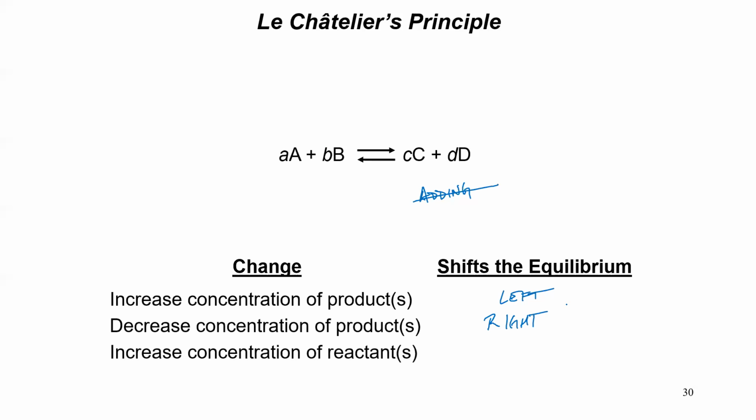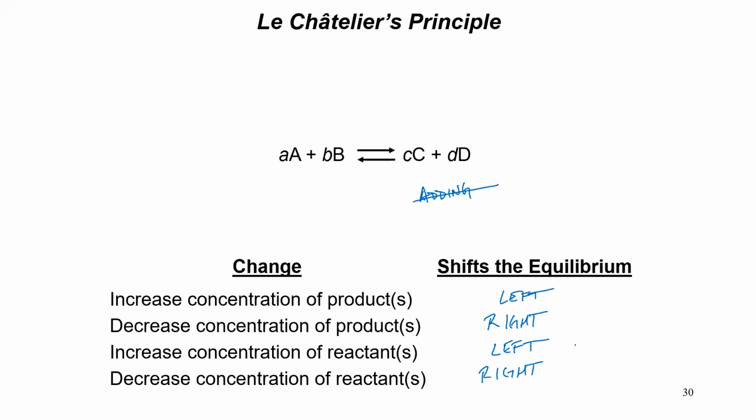For our reactant side of things, if we're increasing the concentration of one of our reactants, we're pushing that handlebar forward, we're going to shift from reactants to products, so to the left, and then if we decrease, we're going to shift back to reactants from products, so shifting right. It's all about reacting to whatever the stress was. So if the stress is decreasing the concentration of one of the reactants, the way that it overcomes that decrease in concentration is to try to increase it back to close to what it was, as close as it can get.